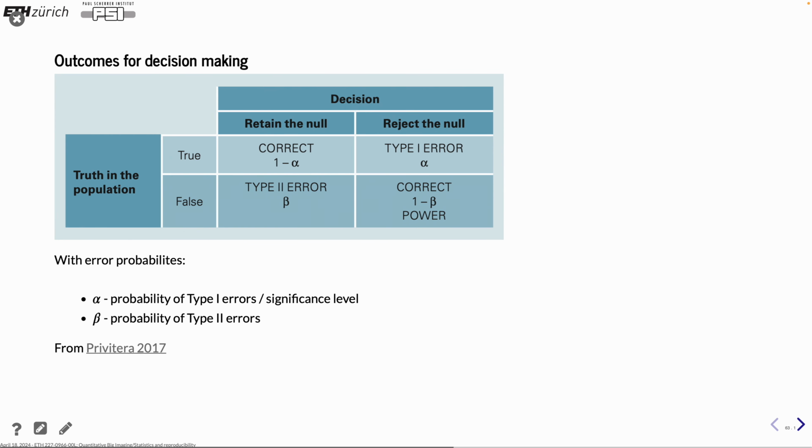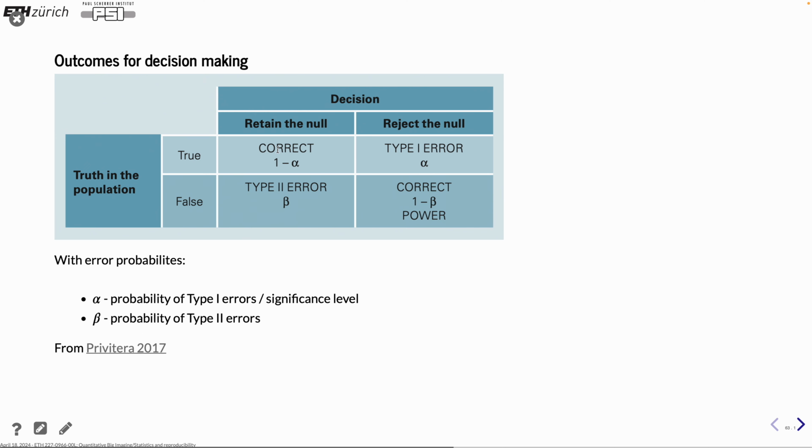But in principle, what we are looking for is different outcomes, and here we have the truth in the population and the decision that we make based on it. Then we have reject the null is the type 1 error, alpha, and retain the null is the type 2 error, beta.